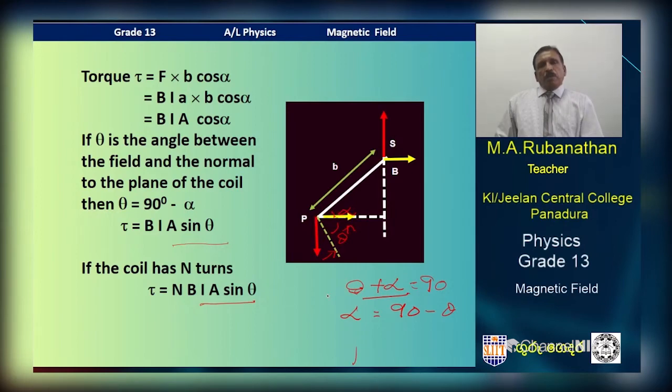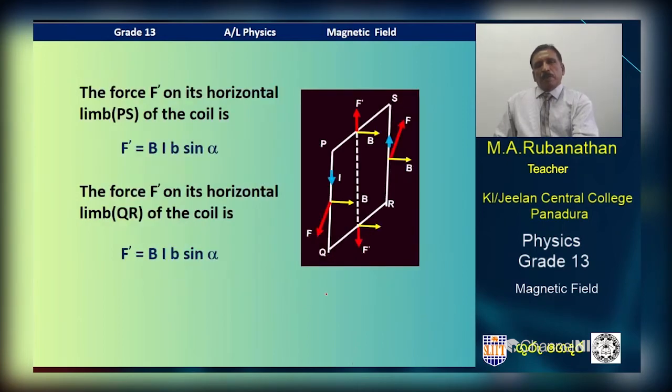So now we go to the other one. Again, we want to see the other force, on PS. The force F dash on its horizontal limb PS of the coil is, so better see the limb PS.